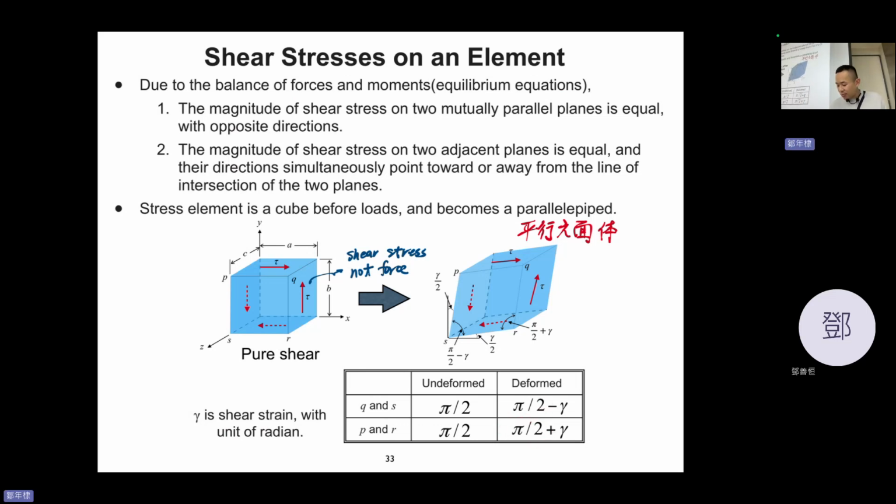Okay. And minus gamma and plus gamma. The gamma here is shear strain because shear typically gives you a result of changing angle. The angle change is in radian, and then you can say shear strain.